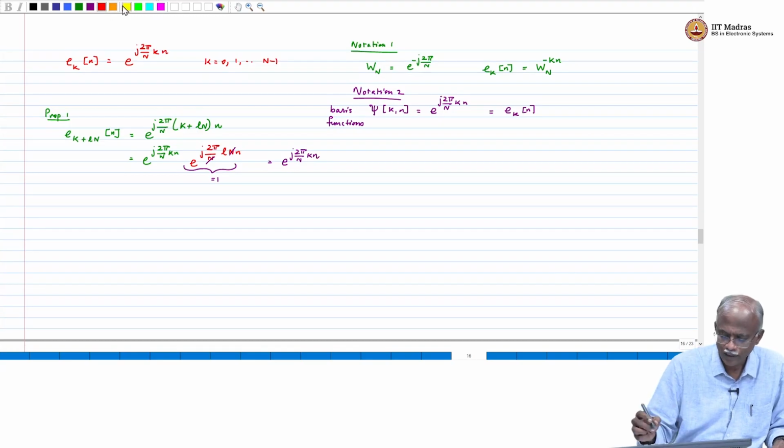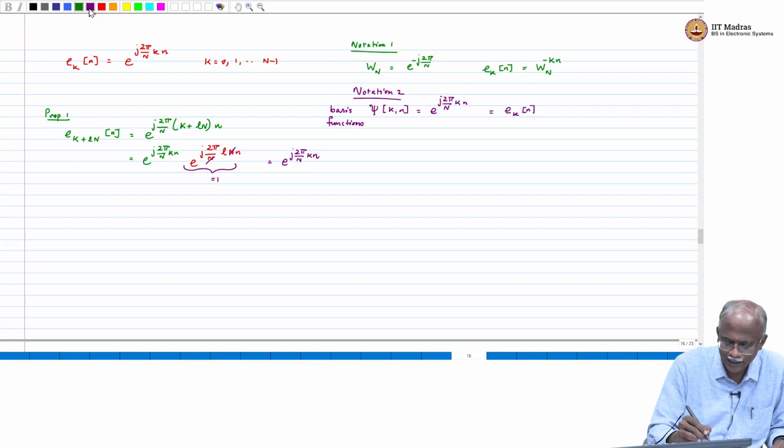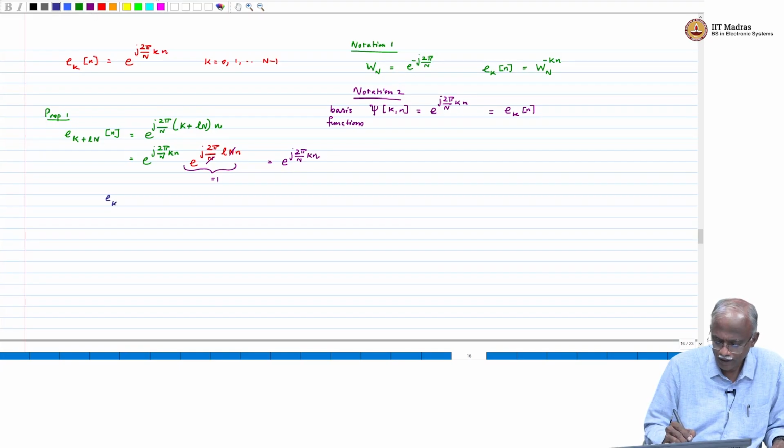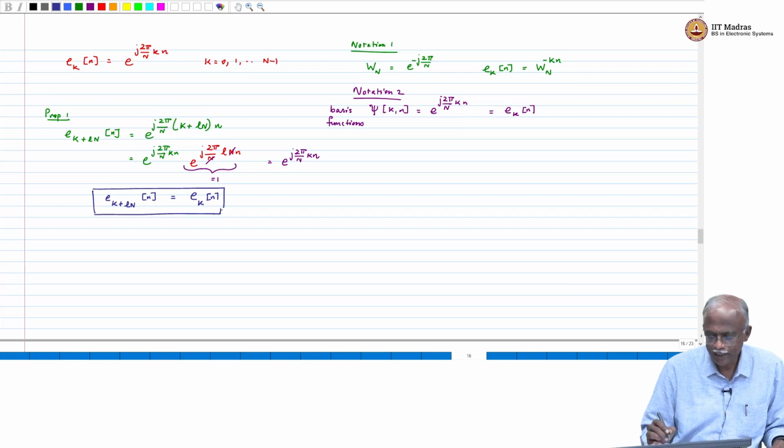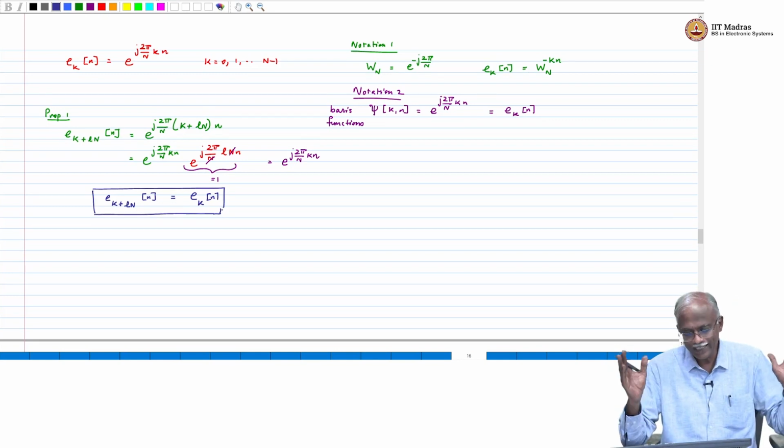So we can now write down the first property. These sinusoids are periodic. E subscript k plus ln of n is identically equal to e subscript k of n. This is the reason why we don't need an infinite number of harmonics, we just need a finite number.